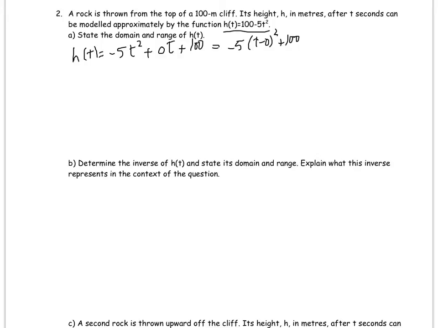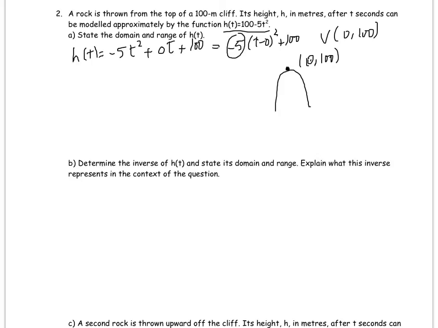Now, if you compare this with the general vertex form of a quadratic, you can see that the vertex here is going to be (0, 100). Since a is negative 5, the parabola opens downward, so the coordinate of the maximum is (0, 100).